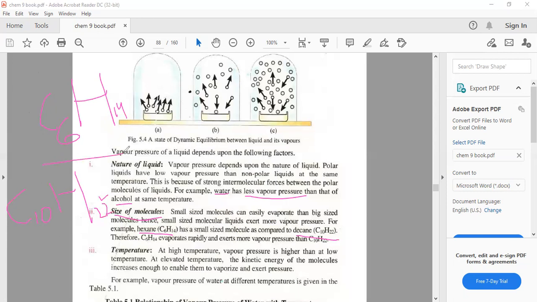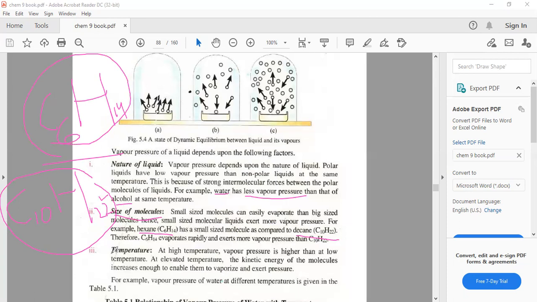Due to the big size of decane, the vapor pressure of decane is less than the vapor pressure of hexane. So you can say the big-sized molecule runs away with difficulty as compared to the small-sized molecule, which runs away easily because of less weight.